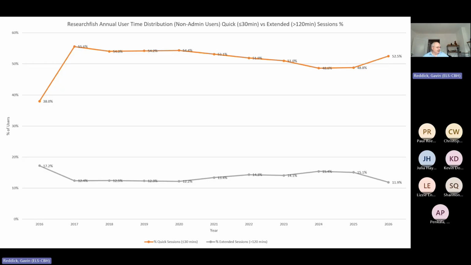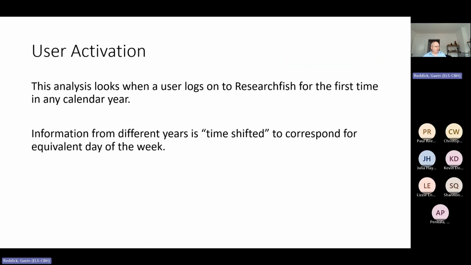Okay. And so with that, let's look at the next step. So we've talked about user time, but in Research-Fish, we also talk about user activation. And so user activation is where we look at essentially when the user logs onto Research-Fish for the first time in any calendar year.